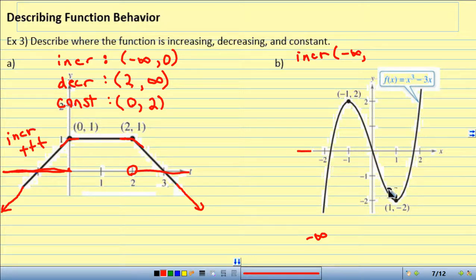But I'm not going to use a parenthesis, because I have a smooth curve, I can actually draw a tangent line to this. I can draw only one tangent line.